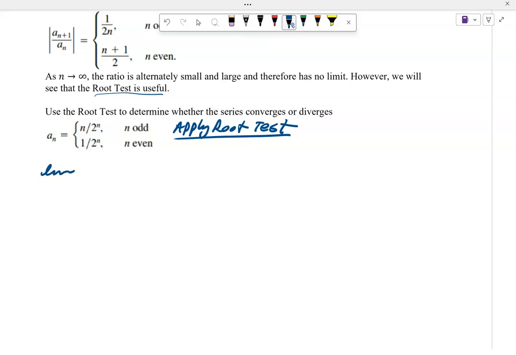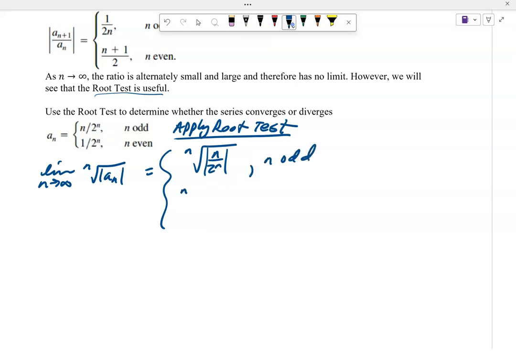So we've got the limit, n goes to infinity, the nth root of the absolute value of a sub n, which is, but we've got two scenarios here. We have the nth root of n over 2 to the n, when n is odd, and we have the nth root of 1 over 2 to the n, when n is even.